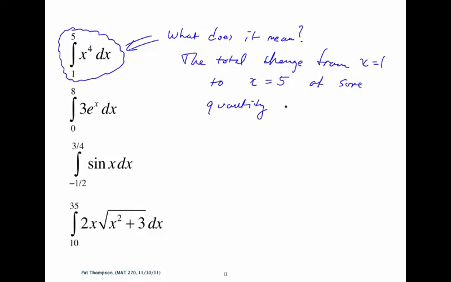Okay, yep, of some quantity whose rate of change is x to the fourth. So that's what that thing means. It means a total change of some quantity as x goes from 1 to 5, and we know the rate of change of that quantity. The rate of change of that quantity is x to the fourth.